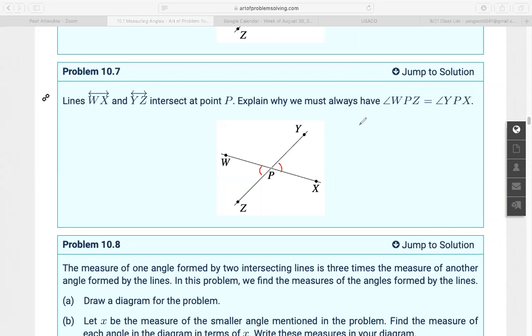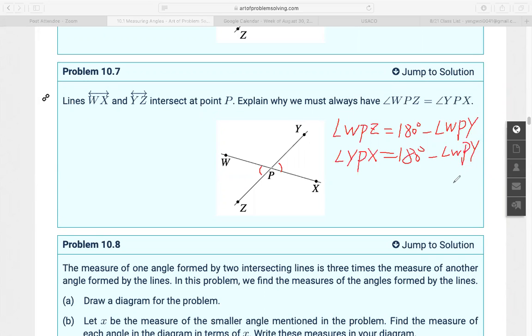You can do it this way, because WPZ equals 180 degrees minus WPY, right? Yes, Sophie correct. Judy also correct. And YPX also equals 180 degrees minus WPY.